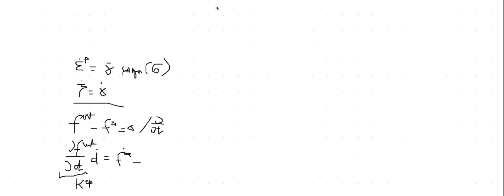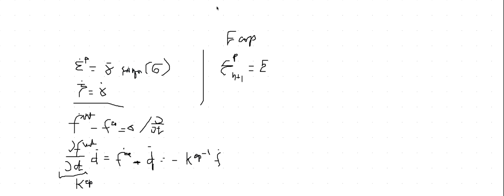And from this one, I can write d dot is equal to minus k elastoplastic inverse times f dot. So if I use the Euler explicit method, recall that was simply saying that epsilon plastic n plus 1 is equal to epsilon plastic n plus h, which is the time step, times gamma n dot.